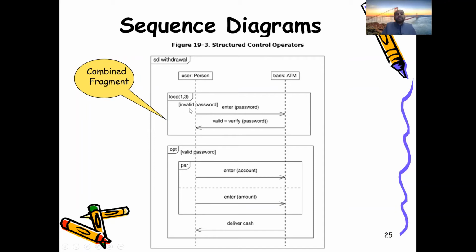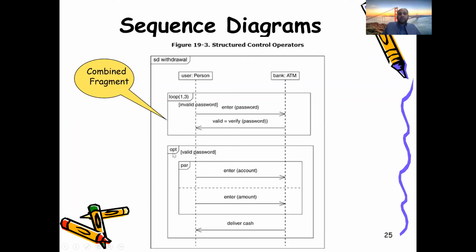This sequence is to be followed in a loop, minimum 1 time, maximum 3 times. So if this combined fragment is not there, you have to draw it 3 times, and it will be a very bad method for modeling it. So it provides some elegance in modeling the loops.